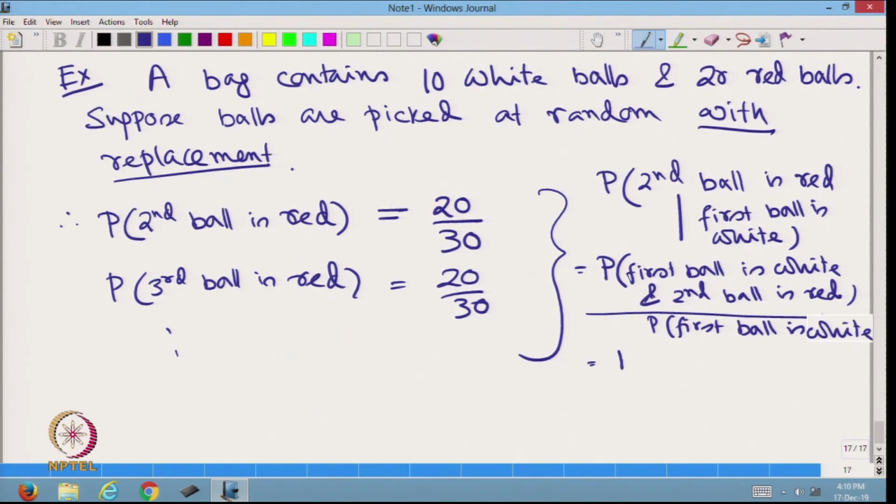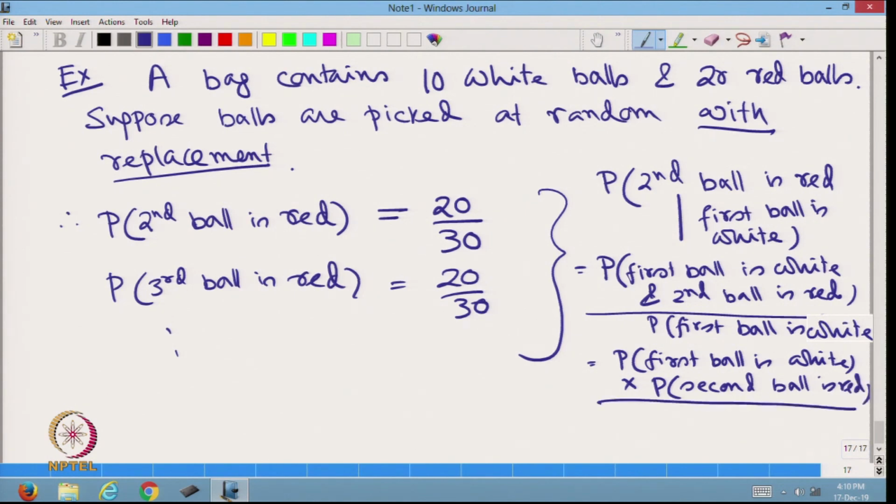This is the same as probability first ball is white multiplied by probability second ball is red, divided by probability first ball is white.